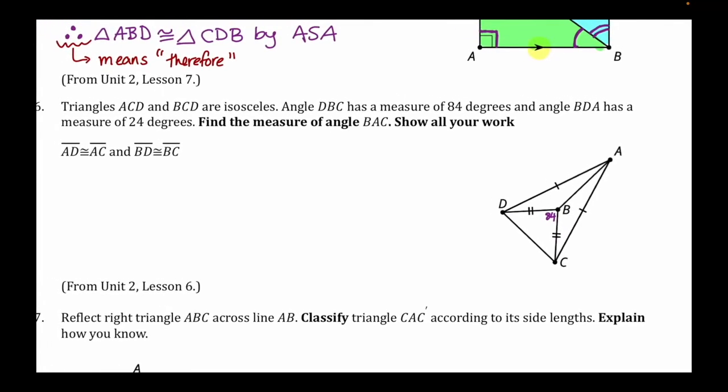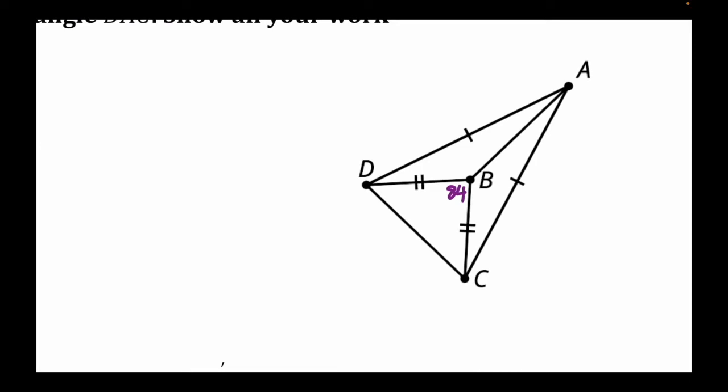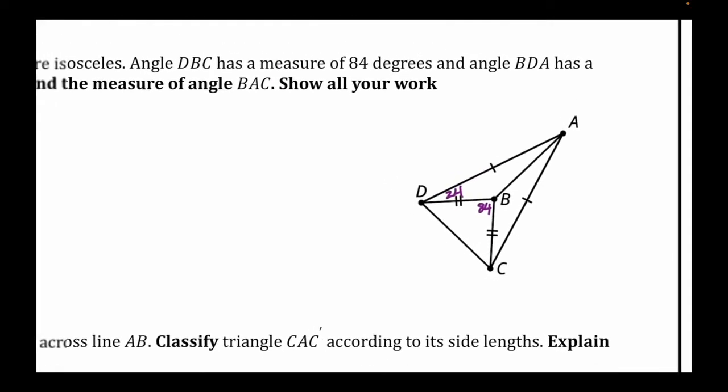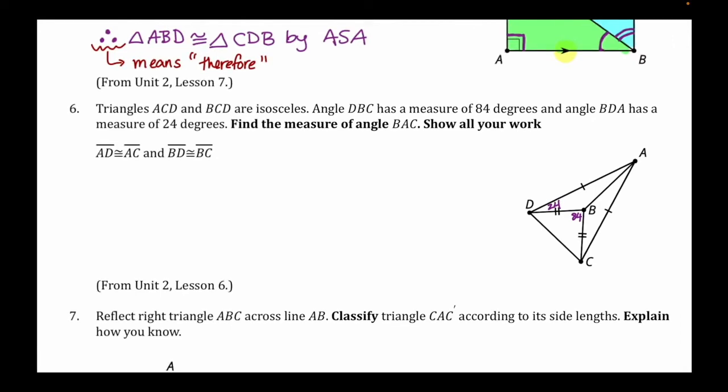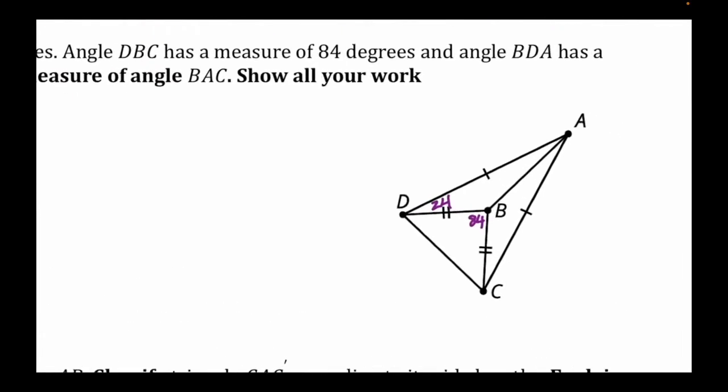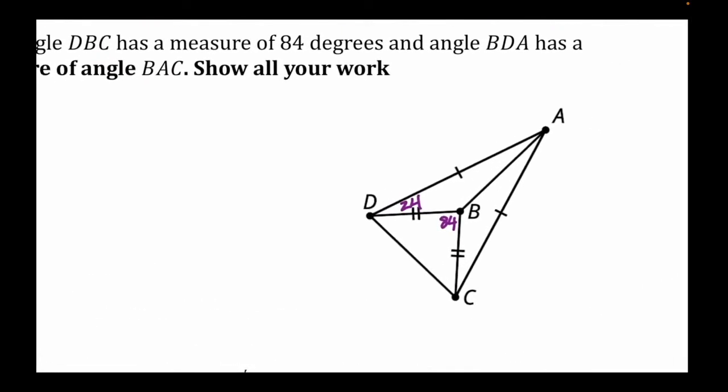Then angle BDA has a measure of 24. So that's right in that corner. And then they want us to find the measure of BAC. They want us to find this angle measure right here.